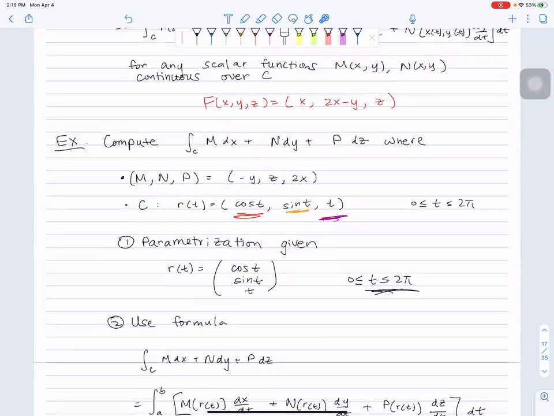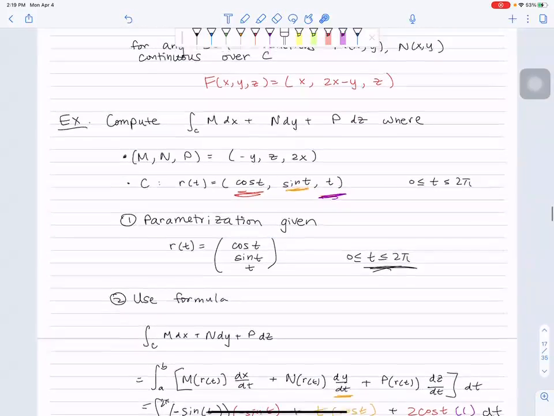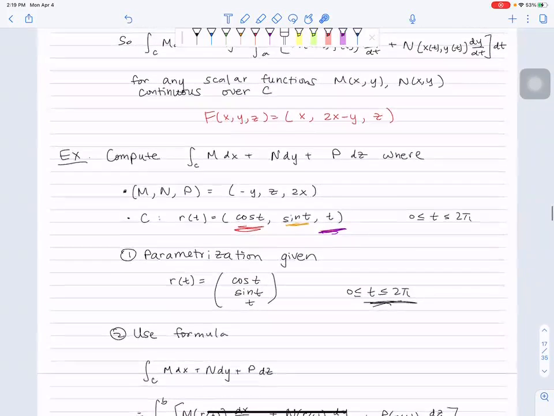So it's different in that now you will have the dx's, dy's, and dz's, whereas in the other one, we were just doing the derivative of the parameterization as a whole, together.